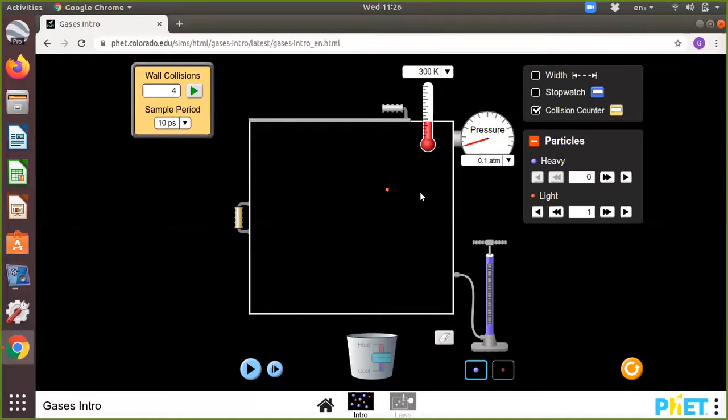So that impulse turns into a force if there's a continuous change in momentum. So we could think about how often this particle changes its momentum when it hits this wall. Well, in order to do that, the particle has to go once, and then twice the width of the box every time it hits this wall.